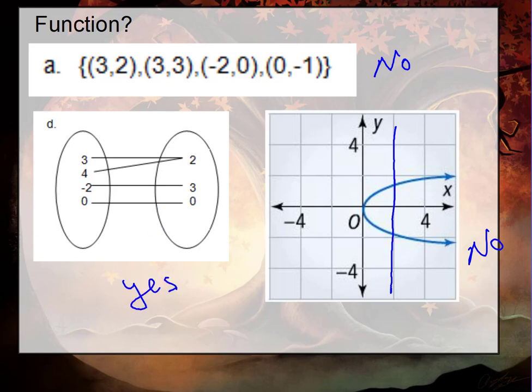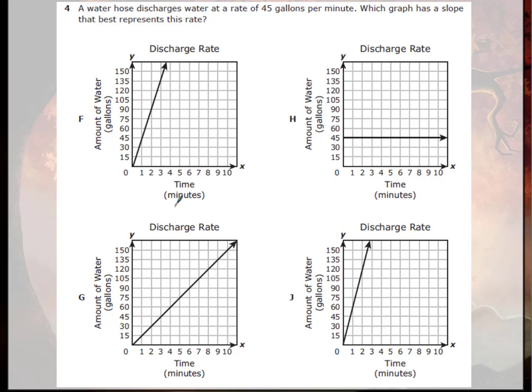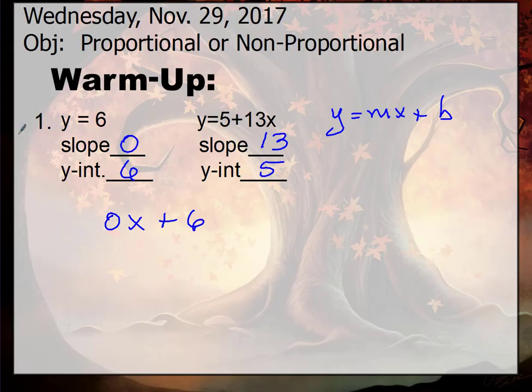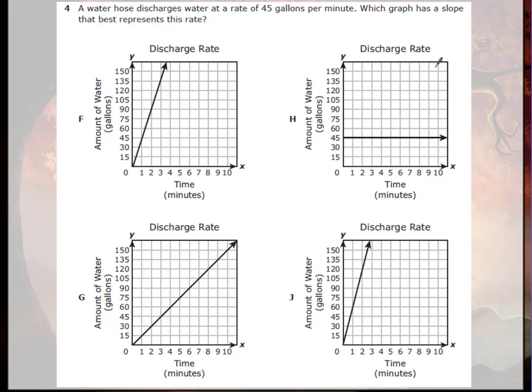Now I want to look at two star questions real fast that are talking about slope and y-intercept. Here is the first one. It says a water hose discharges water at a rate of 45 gallons per minute. Which graph has a slope that best represents this line? Based on what we just learned about slope back in the very beginning, we can have a graph that has a slope of 0, like this one right here.